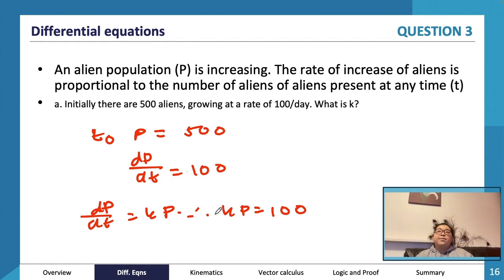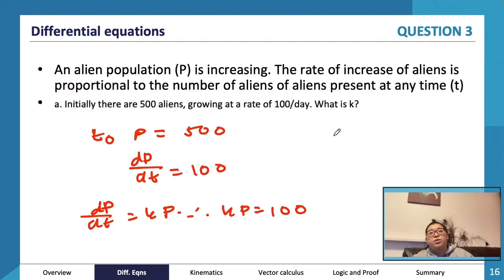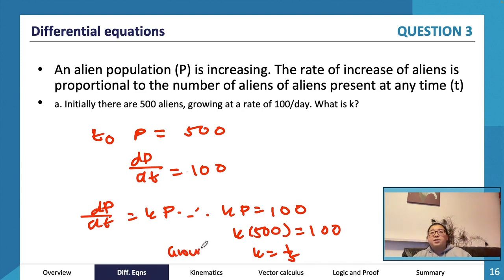So you're going to get 500 times k, which equals 100. Because it's initially growing, the initial rate of growth of aliens is k equals 1/5 aliens per day.